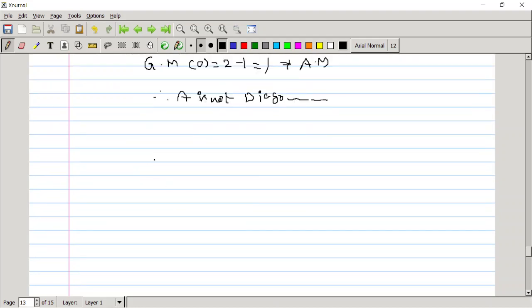In a similar way, we will check the remaining matrices also. The second option is 0 minus 1 0 0. Can you say what the eigenvalues are for this matrix by just looking at it? Does anybody know how to check?